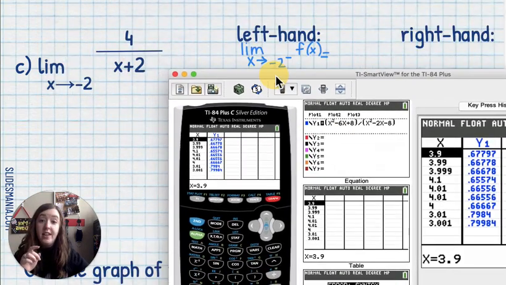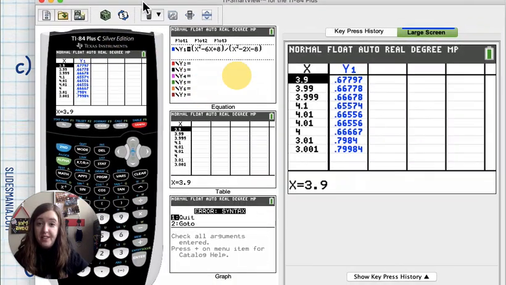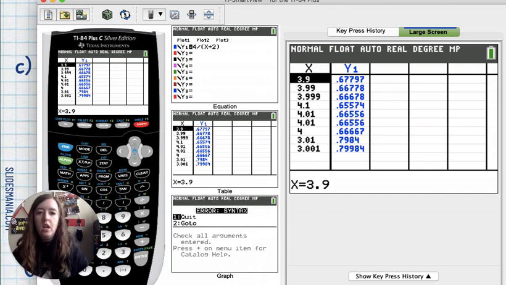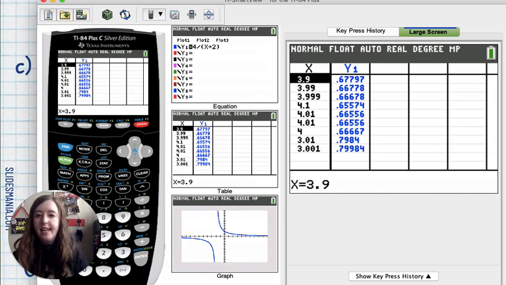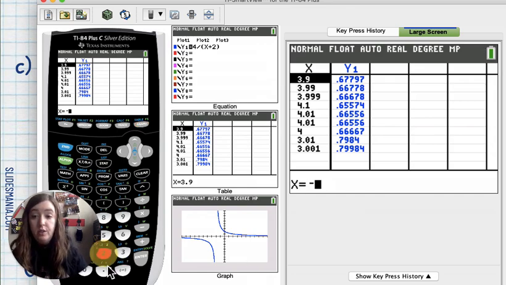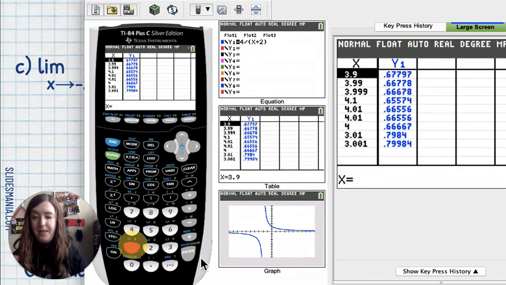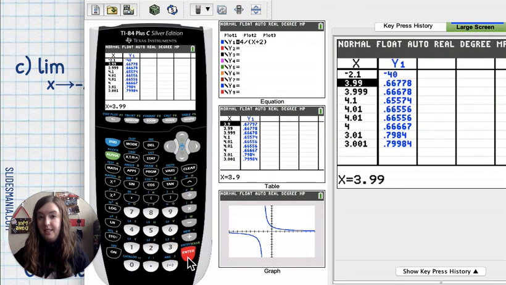I want to look at things that are to the left of -2, or just a little bit less than -2. A little bit less than -2 means the absolute value is going to be a little bit more. Do you see what I'm saying? So like -2.1 is going to be to the left of -2, since it's less than -2.